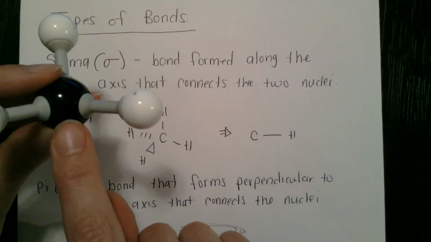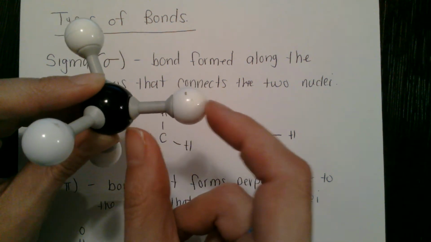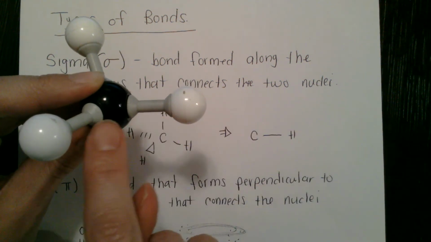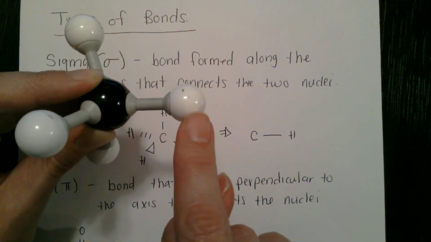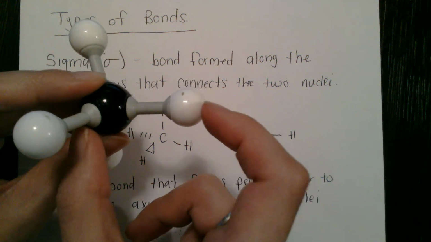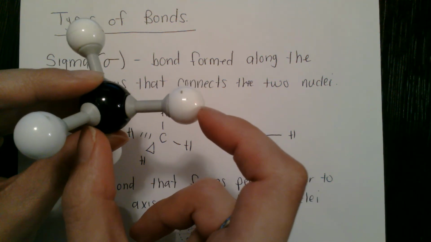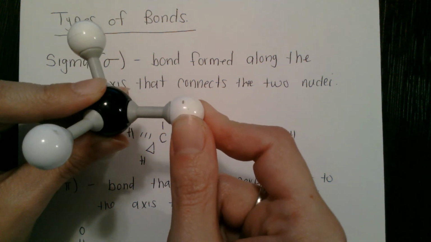So here, it would be this bond right here, the carbon atom and the hydrogen atom. This is a sigma bond. You can draw a straight line, which is the bond, from the nucleus of one to the other. So along the bonding axis is a sigma bond. These ones form first, and these are the most common types of bond.